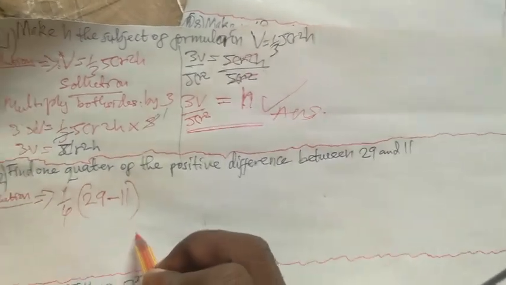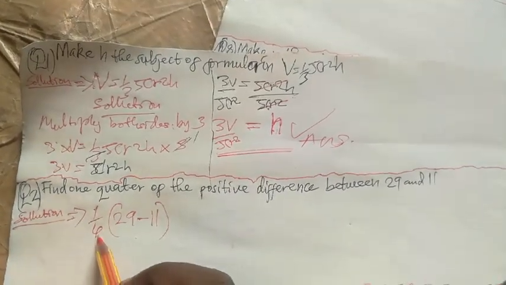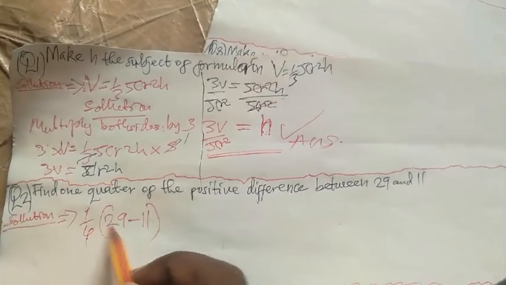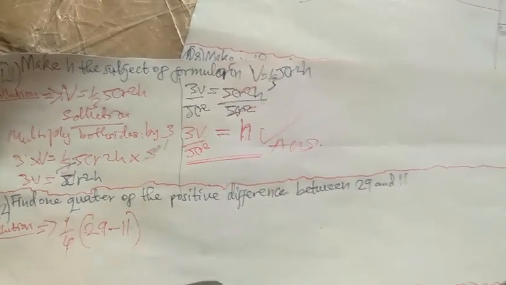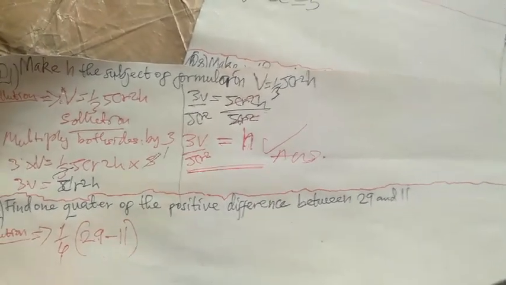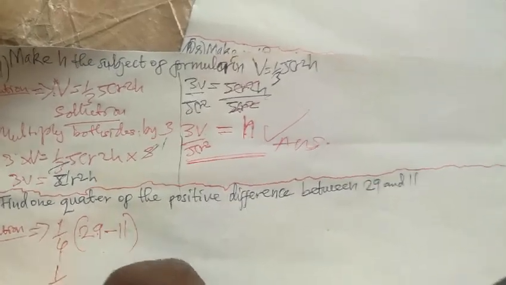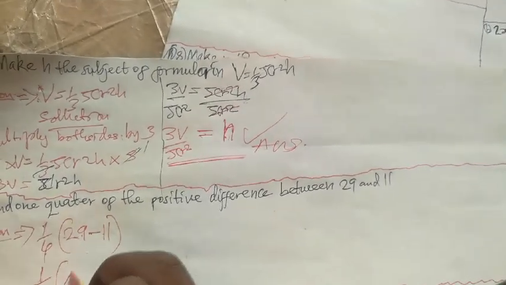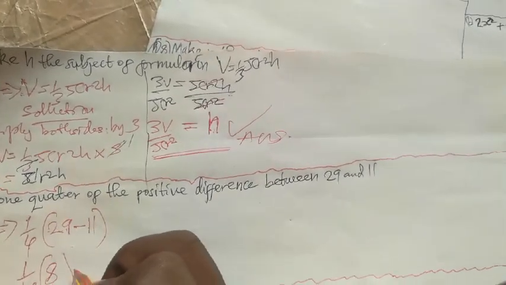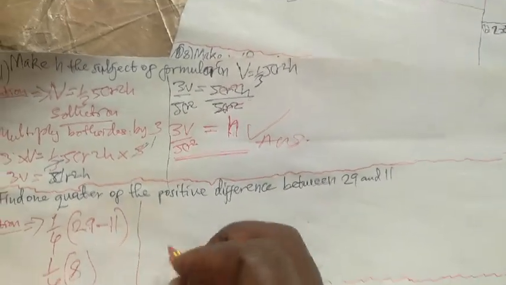This is how we frame our working. A quarter of the positive difference of 29 and 11. Now, to find this, 29 minus 11 is 8.